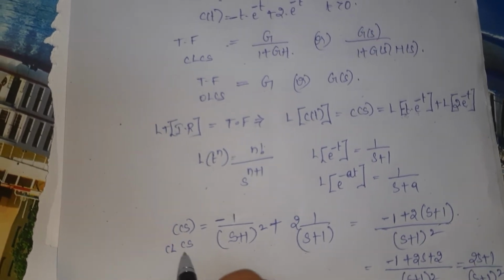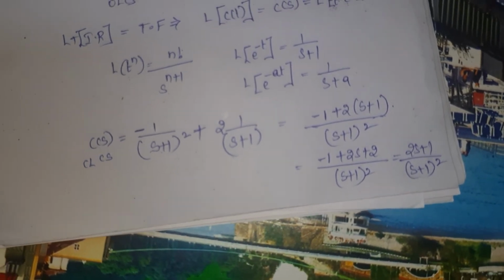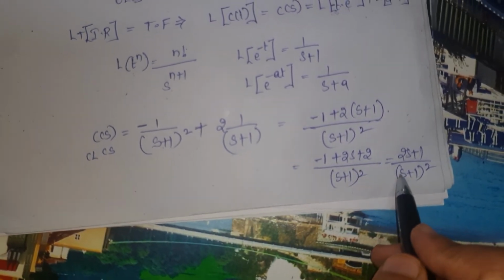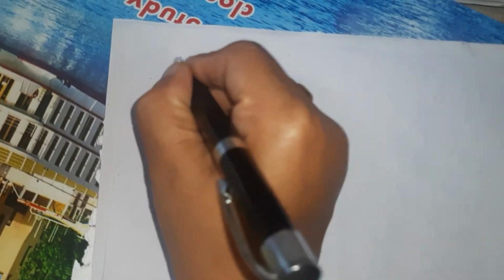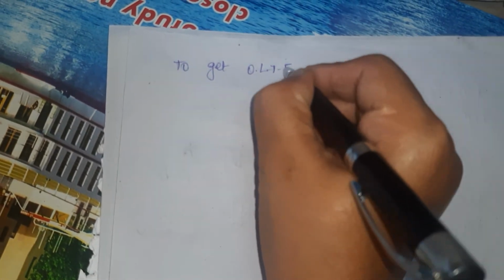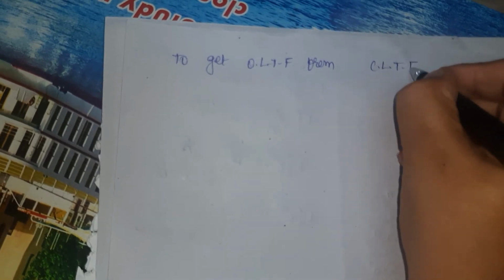This is a closed loop control system and the transfer function is 2s plus 1 by s plus 1 whole square. So if I am having the closed loop transfer function, how to get the open loop transfer function? There is simply a method to get the open loop transfer function from the closed loop transfer function.